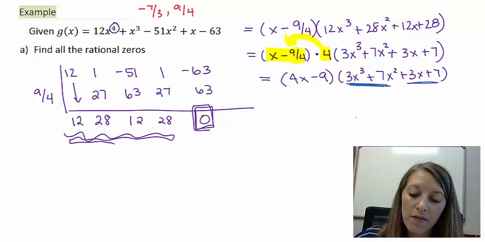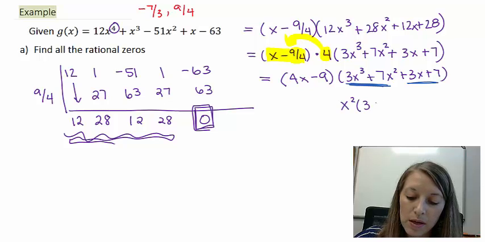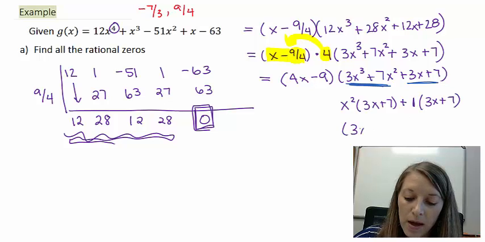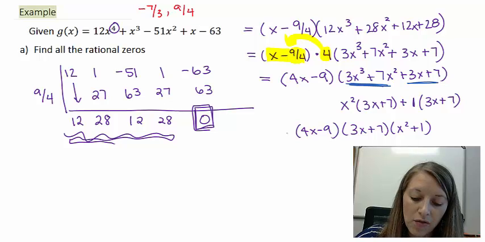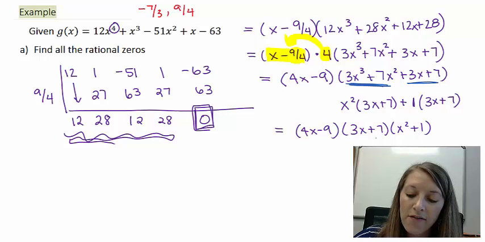If I take out a common factor of x squared from my first group, that leaves me with 3x plus 7. Taking out a common factor of just 1 in my second group leaves 3x plus 7. And now factoring out my 3x plus 7, that leaves me with x squared plus 1. Copying down my factor of 4x minus 9, so I have factored it here.